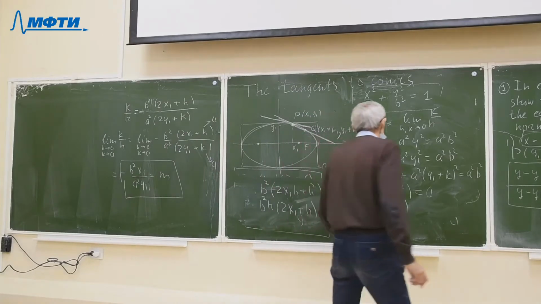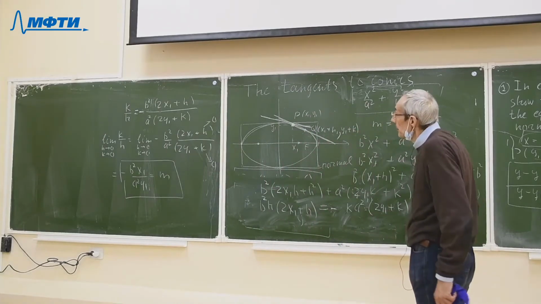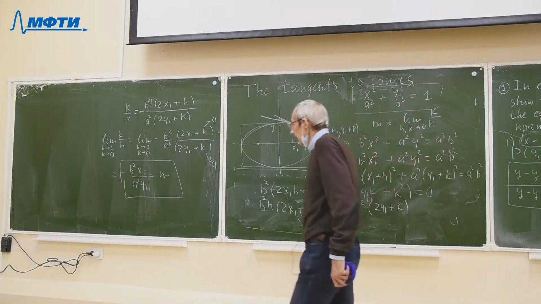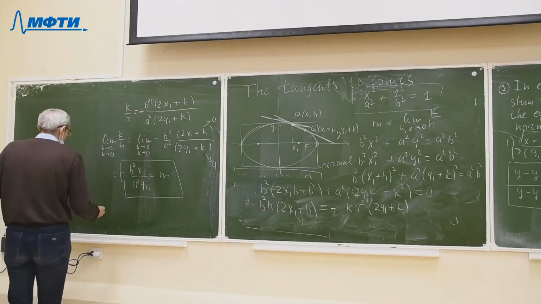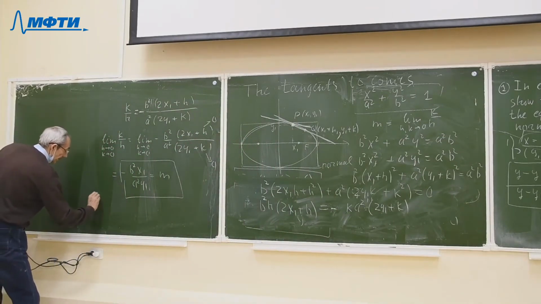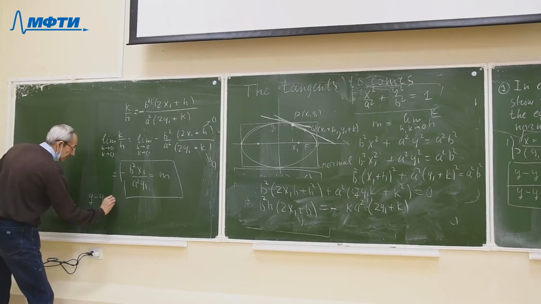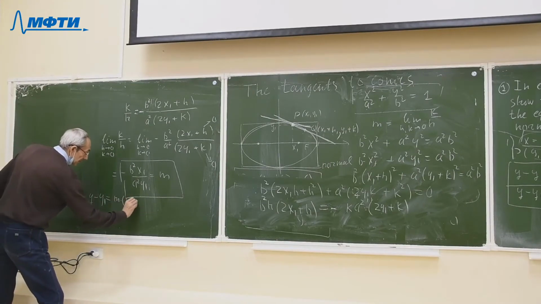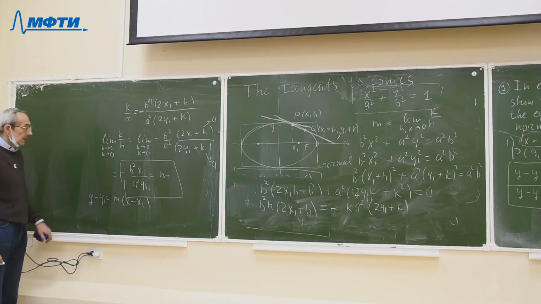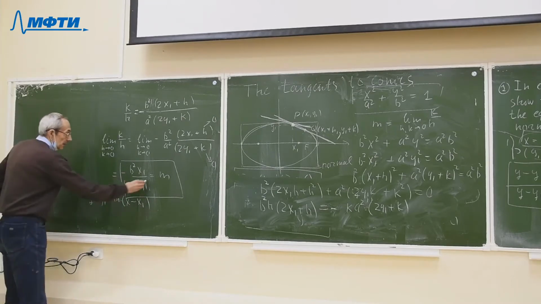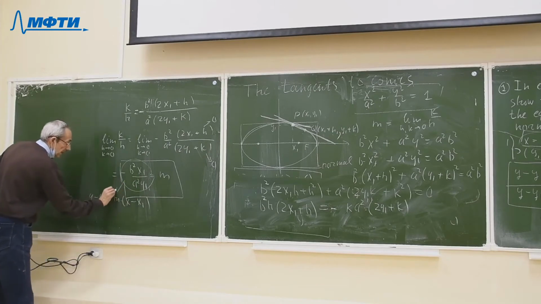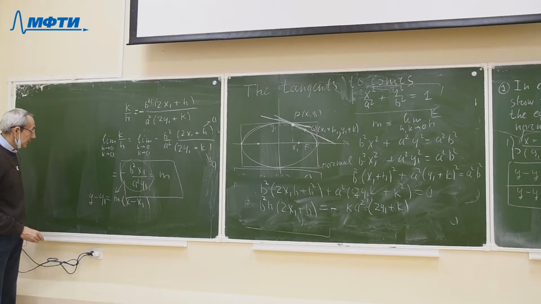And easy to see the equation of the tangent in the general form is the following: y minus y1 is equal m times x minus x1. And we can substitute this expression for m to this equation.